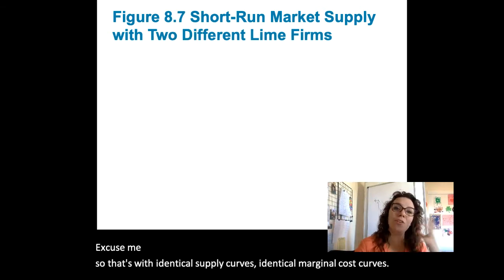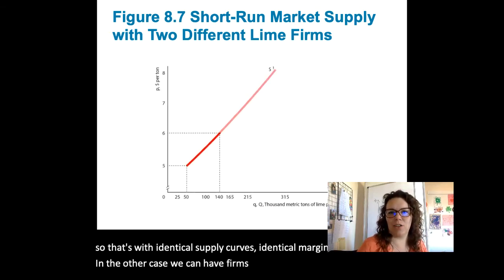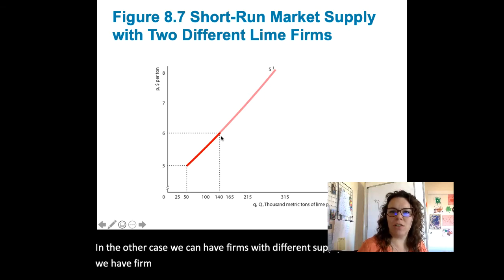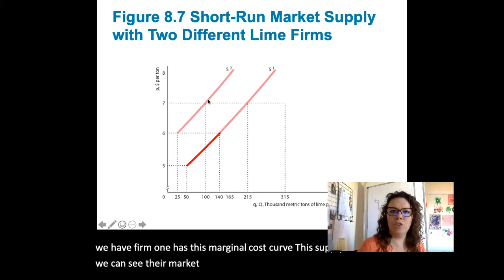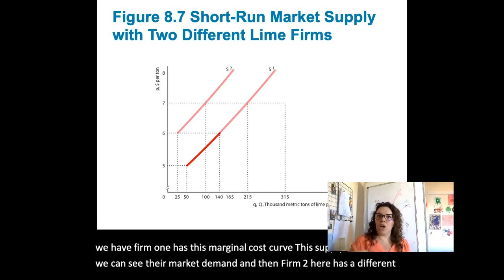In the other case, we can have firms with different supply curves. So here we have firm 1 has this marginal cost curve, this supply curve. And then firm 2 here has a different, higher marginal cost curve.